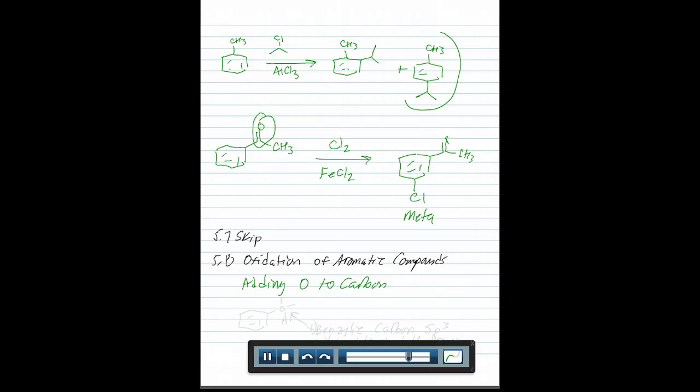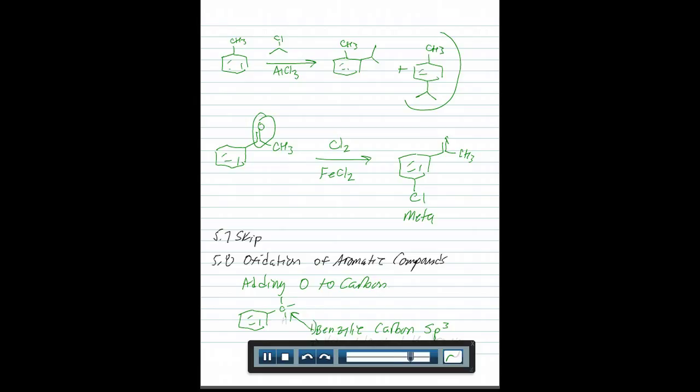It's very simple. How it works is if you have an aromatic ring and the benzylic carbon, it's got to be sp3 hybridized, all right?